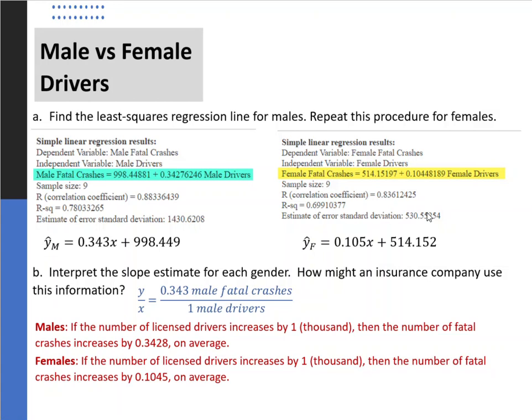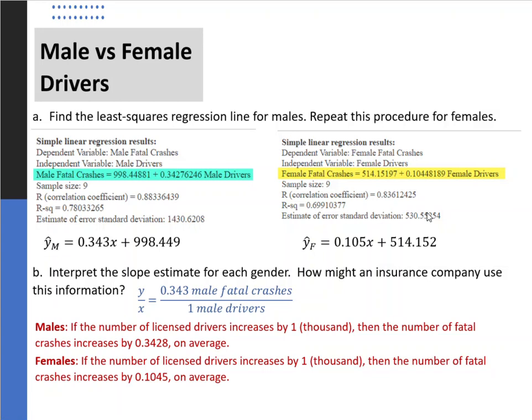If the number of licensed drivers increases by 1,000, then the number of fatal crashes increases by 0.1045 on average. In looking at both of those sentence structures, we have identified in words what the explanatory and the response variables are, and we have told by how much each of those variables is increasing or decreasing if necessary.